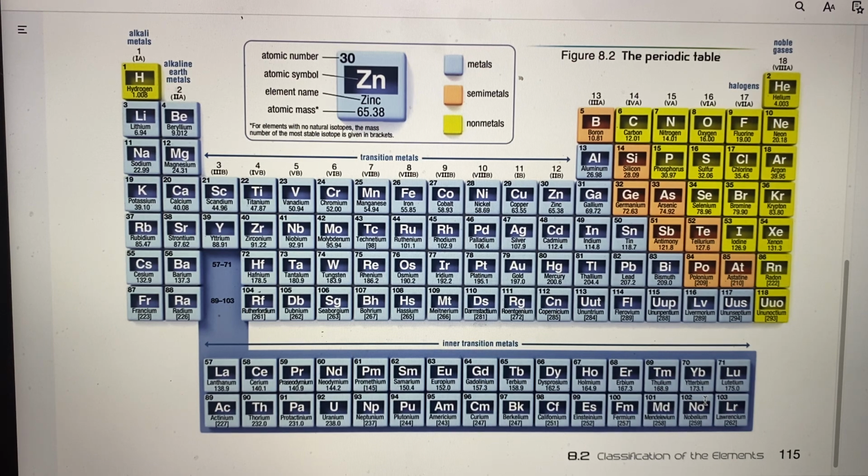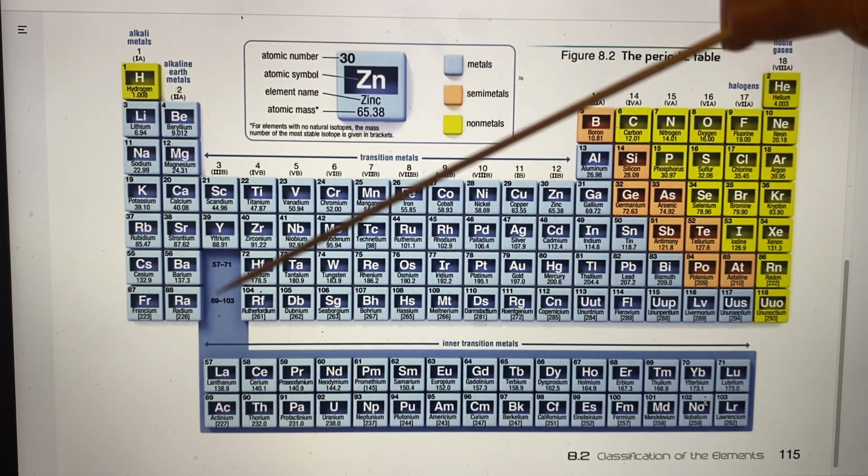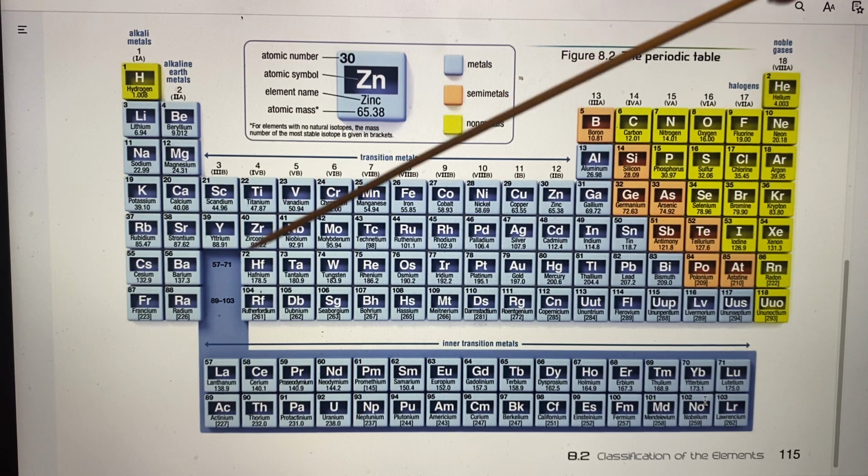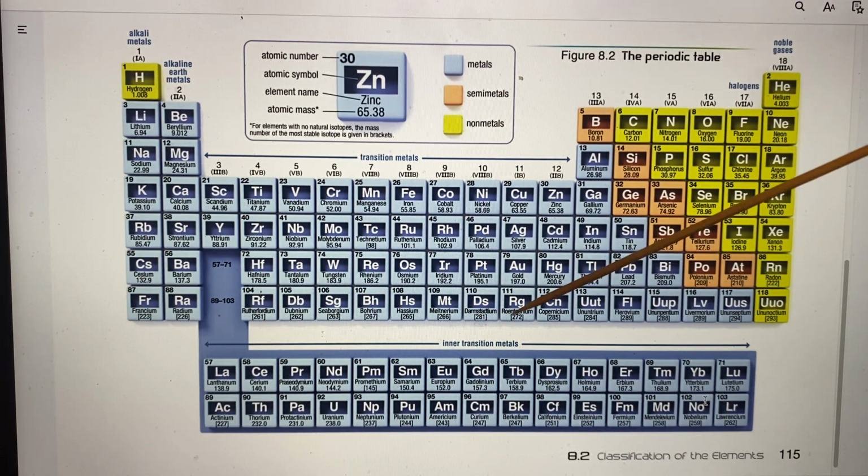Let's go back to that, the main group. We have the main groups. What's the other group? These middle ones here, they're all called transitional metals. So these are the main group elements, and these are the transition metals. So main groups and transition.